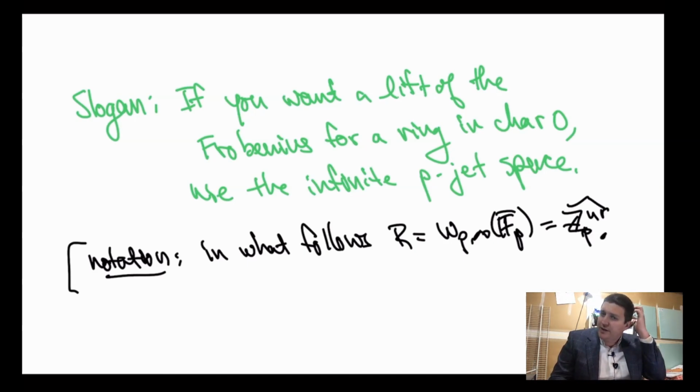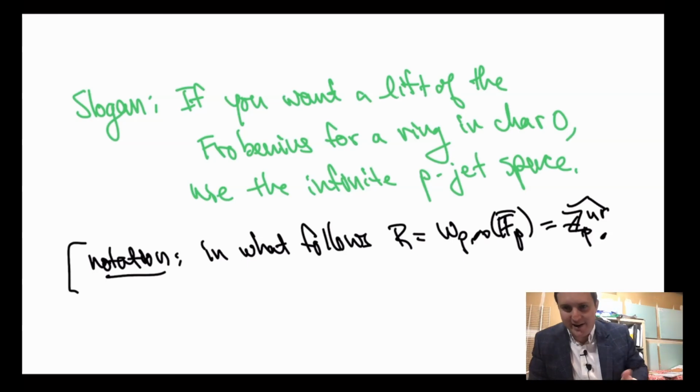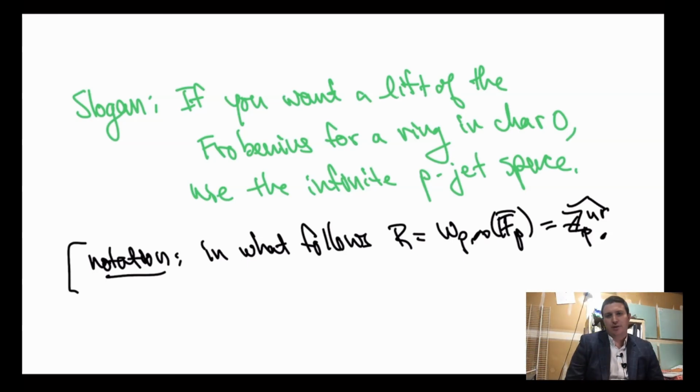So this infinite arithmetic jet space automatically has a lift of the Frobenius, and you can use that to your advantage. In my experience, almost anything that works in characteristic P you can try in characteristic 0 using this method. As you see, this is a useful idea. It's not just for sport. A lot of times you need to do this.